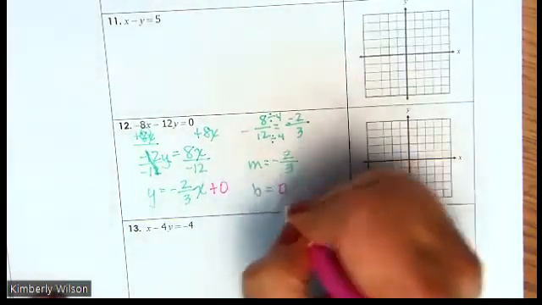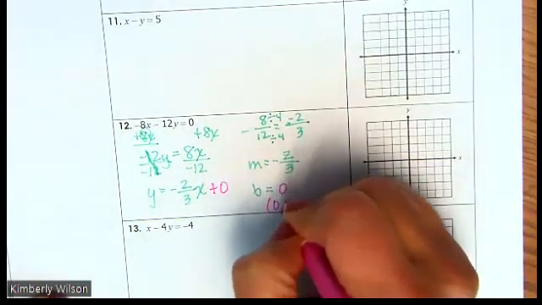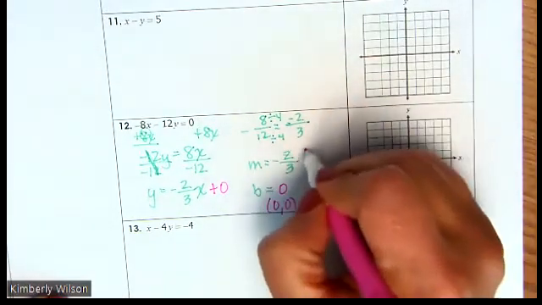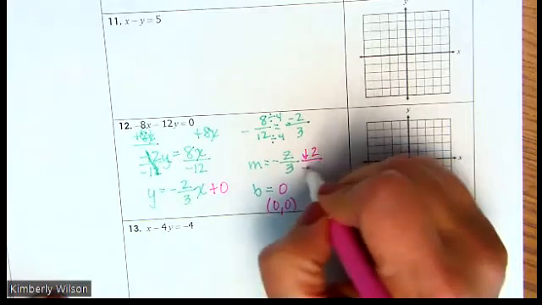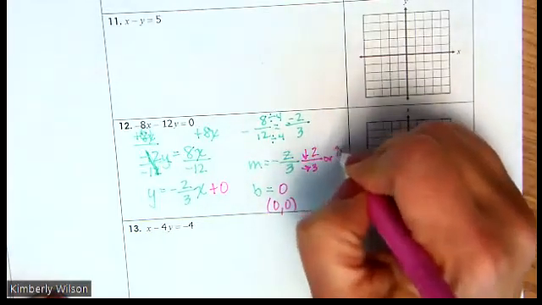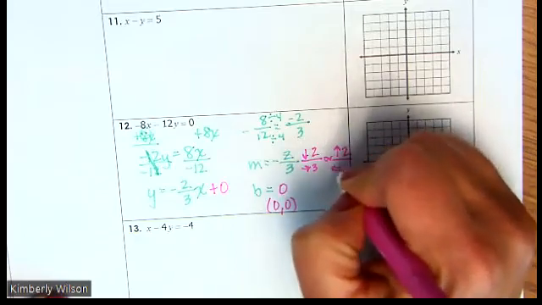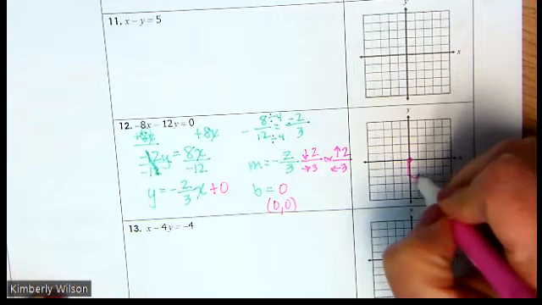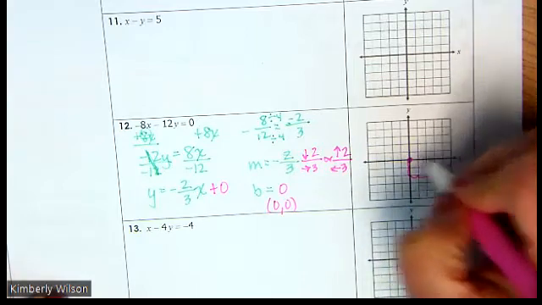So my y-intercept is 0. So I have 0, 0. There's my y-intercept. Negative, so I'm going to go down 2 to the right 3, or we can actually go in the opposite direction here, up 2 to the left 3. So 1, 2, 1, 2, 3.